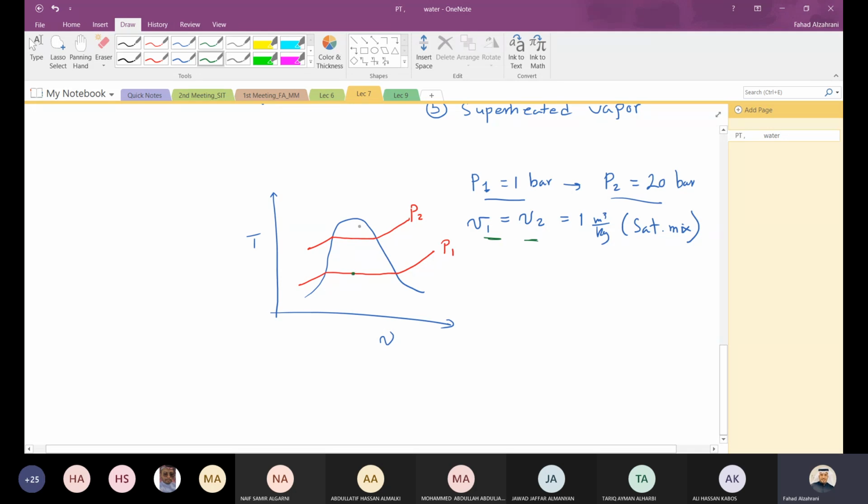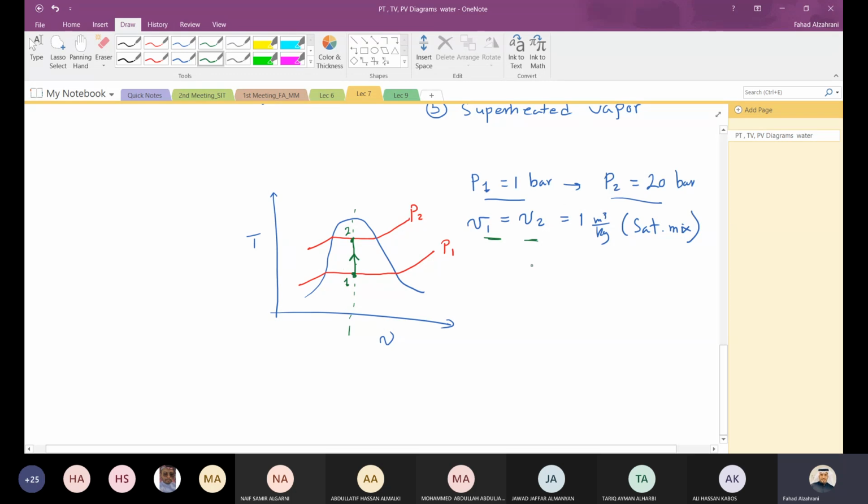This is a saturated mixture, so I know it's in the middle, inside the dome. So I have a vertical line like this. This is state 1, let's say this is state 2, and then I plot this process on the diagram. So this is how you can look at the constant pressure line.